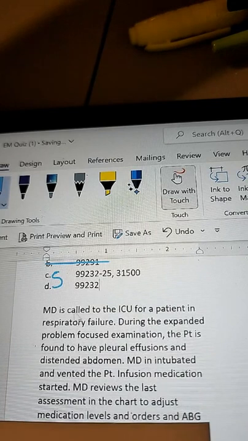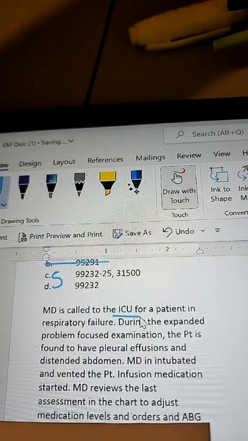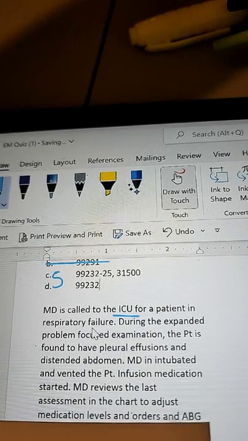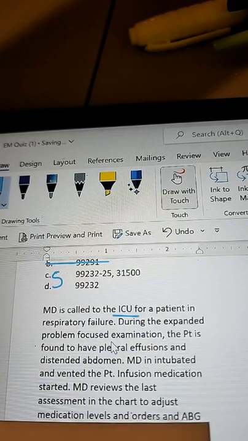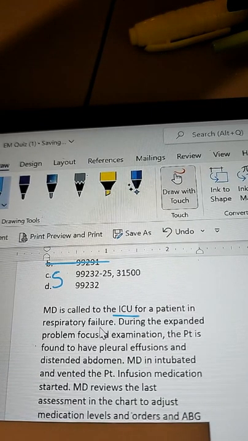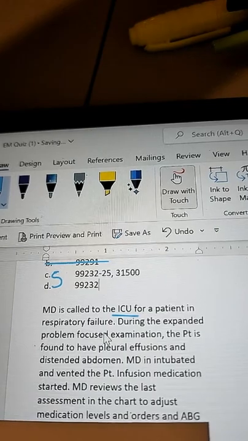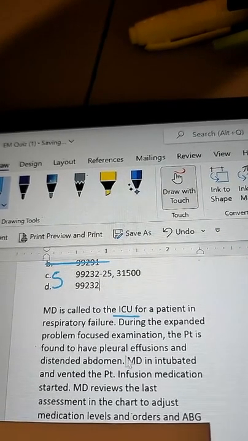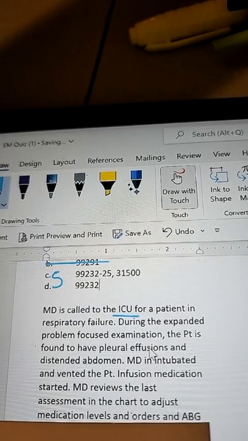This patient had already been admitted and was in ICU. So they were a subsequent hospital visit because the doctor was doing rounds or got called to the patient's bedside. They were already admitted. They got in distress, needed to be intubated.